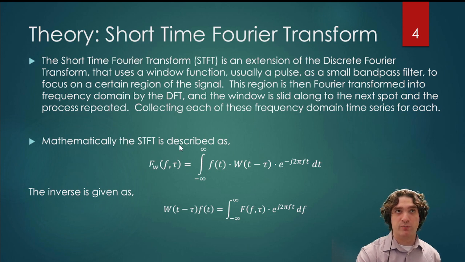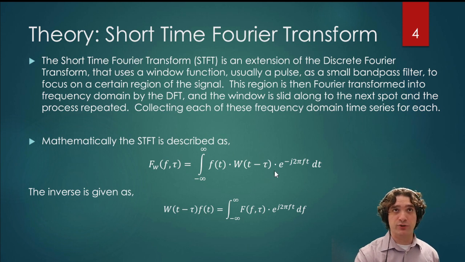Mathematically, the short time Fourier transform is given as the integral from minus infinity to infinity of the signal times the window function at time tau, multiplied by the complex exponential sinusoid. The inverse short time Fourier transform brings the time frequency spectrum and inverse Fourier transforms it back into the window.